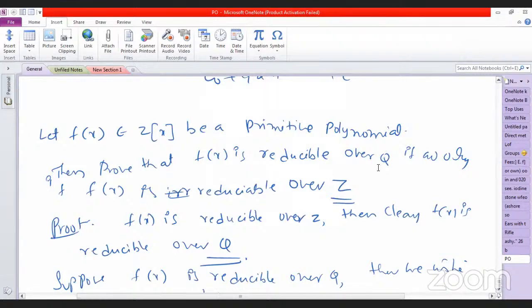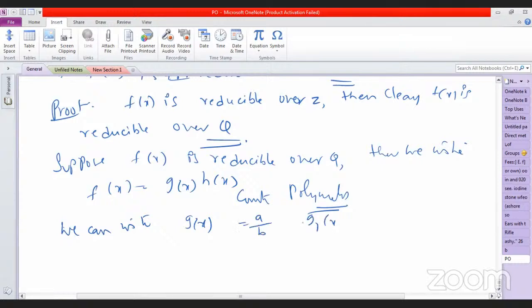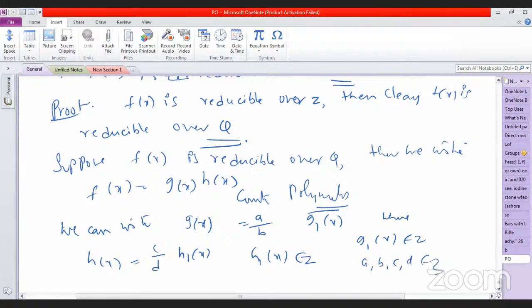Sir, which cannot be changed. Yes. So we can write g of x is equal to a by b into g1 of x, where g1 of x belongs to Z of x and is primitive. Yesterday I told you about primitive. And h of x is equal to c by d into h1 of x, so h1 of x also belongs to Z of x and is primitive, where a, b, c, d belong to Z.